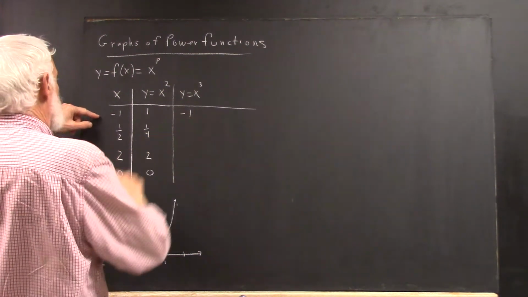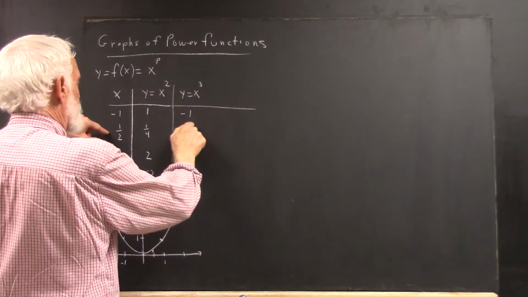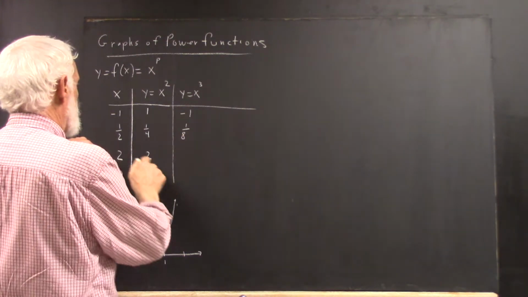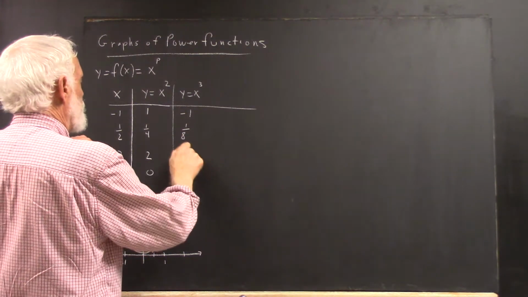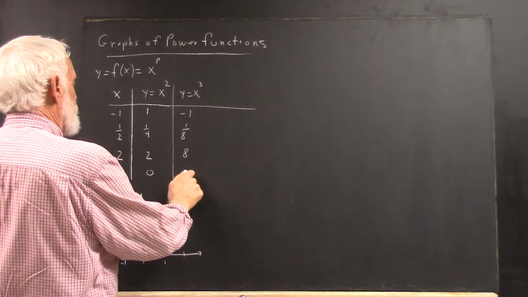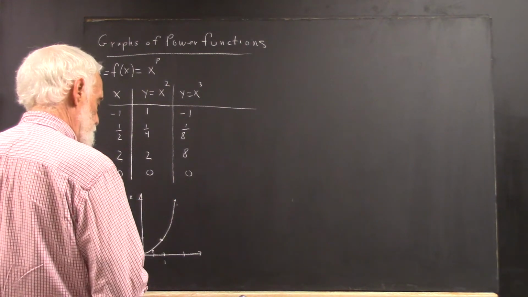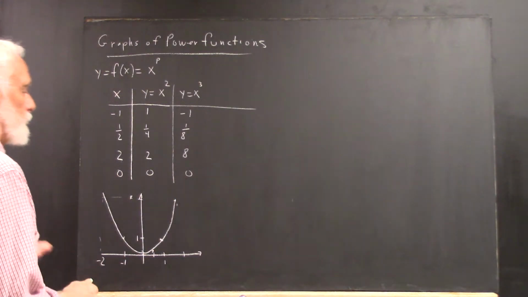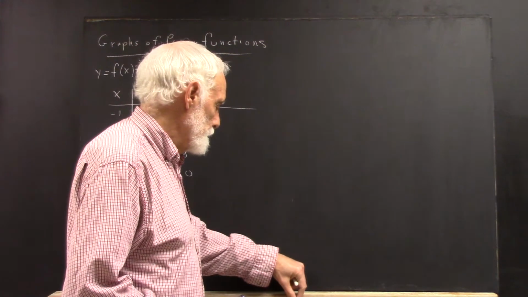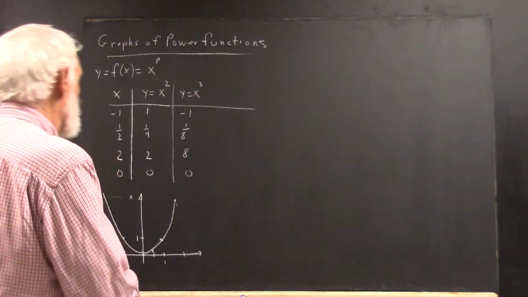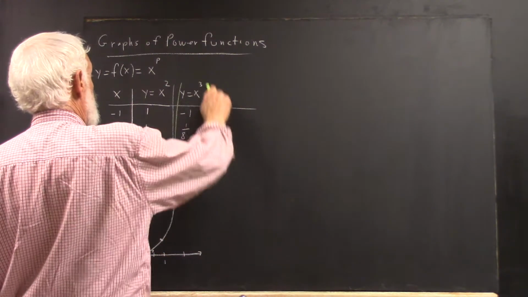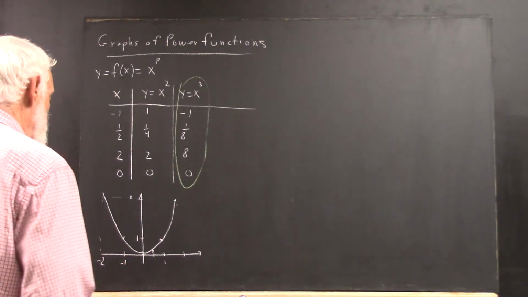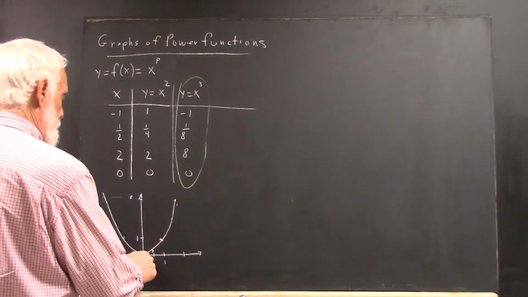When x is 1/2, y, instead of being 1/4, is 1/8. When x is 2, y is 8 rather than 4. When x is 0, y is still 0. So we could graph this function. I probably should have used a different color chalk here, but I just put a big green circle around it and use green chalk down here.